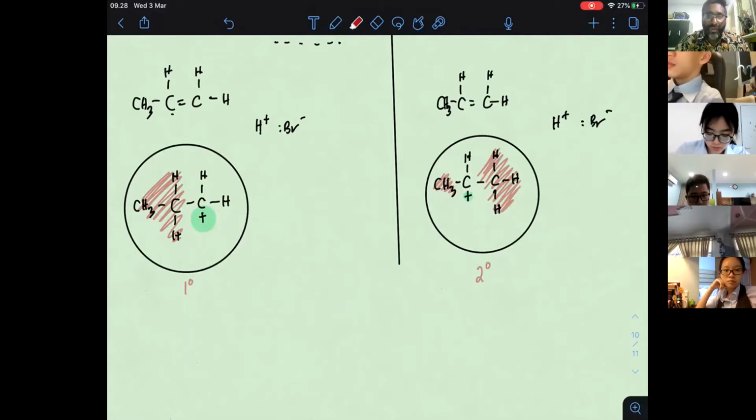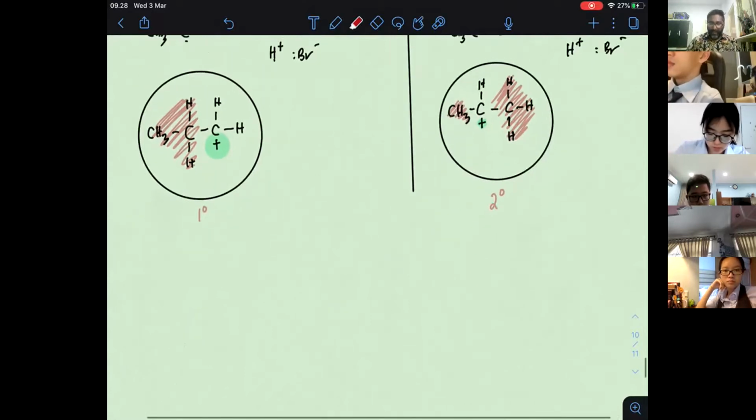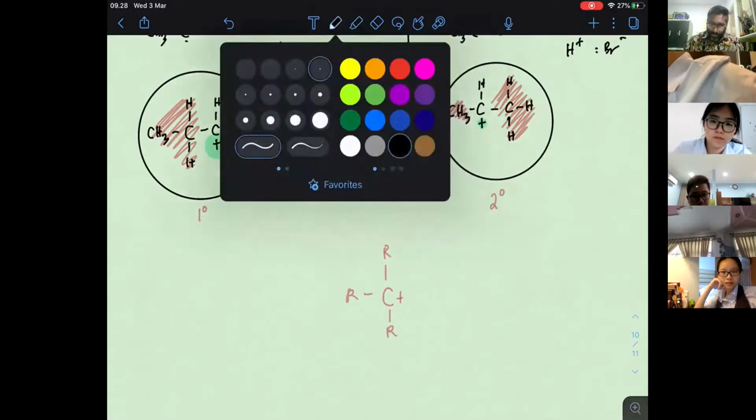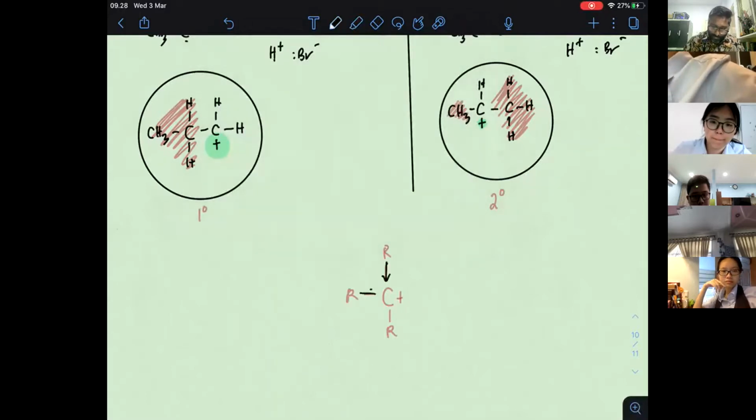Now, I have taught you about this carbocation, positive, with R group, R group, R group. They have the tendency to donate electrons or push electrons. When they push the electron, what will happen? The electron will go towards here, and they will create a positive inductive effect.